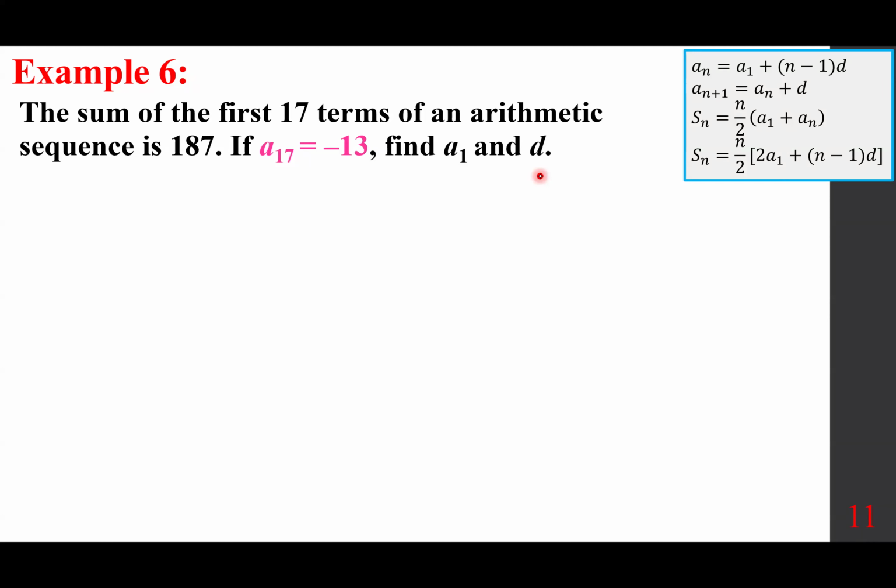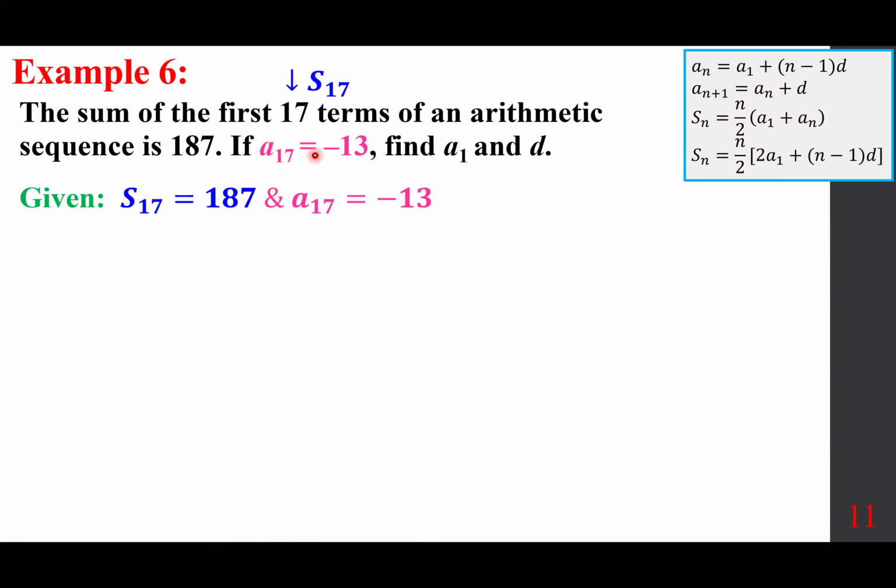That's why they're asking. So the very first thing, what is this? The sum of the first 17 terms means S sub 17 is given as 187, and this is, of course, a17.